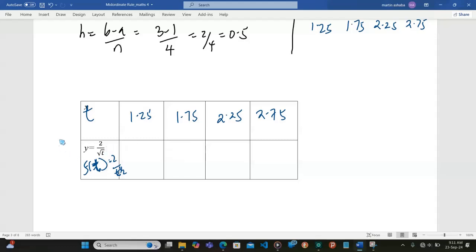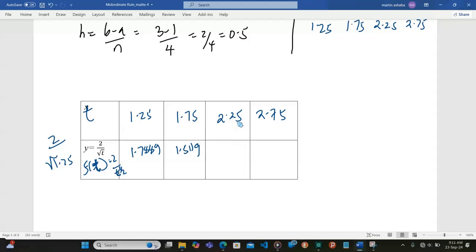So in other words, what are those values going to be? Put in 2 divided by the square root of 1.25. What do you get here? We have approximately 1.7889. And if I substitute 1.75 into this, 2 over root of 1.75, on my calculator I get 1.5119.